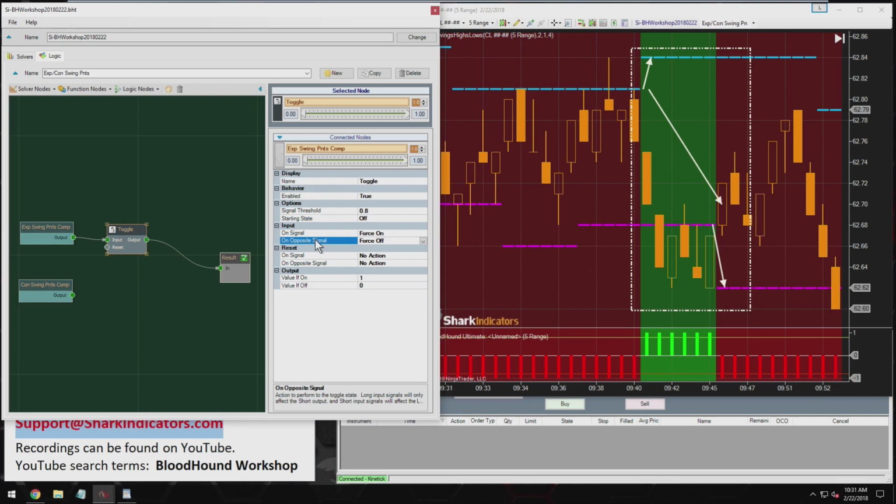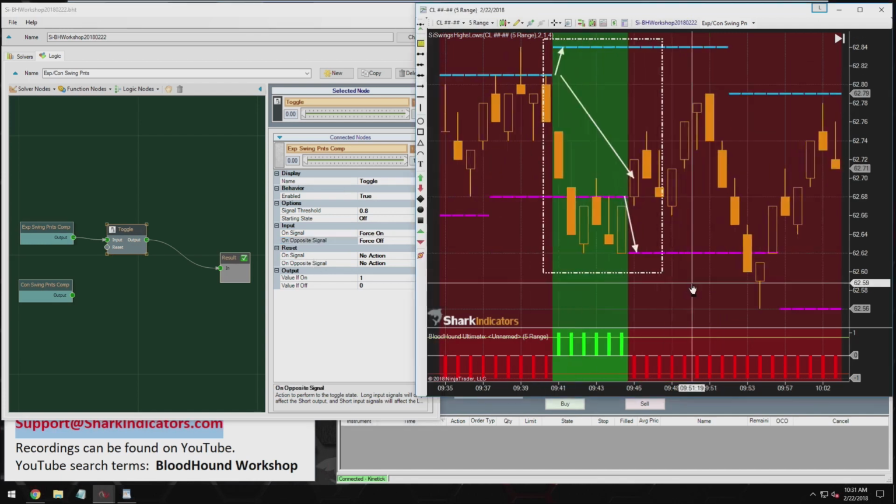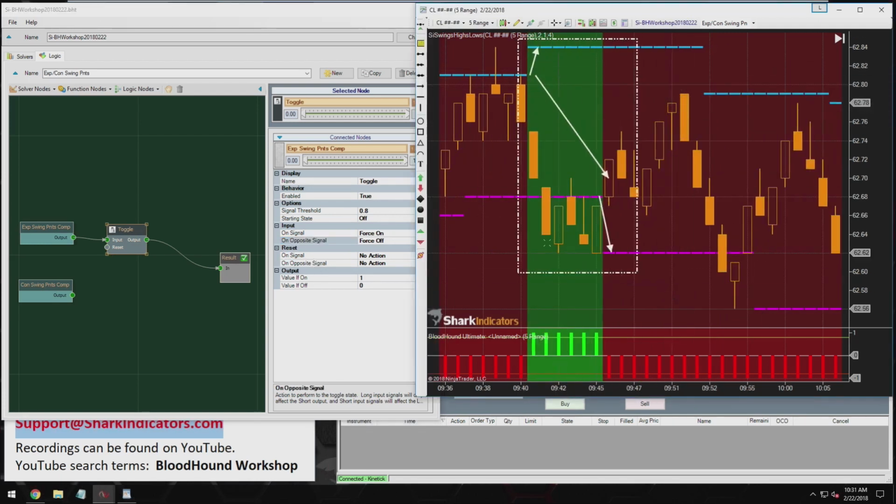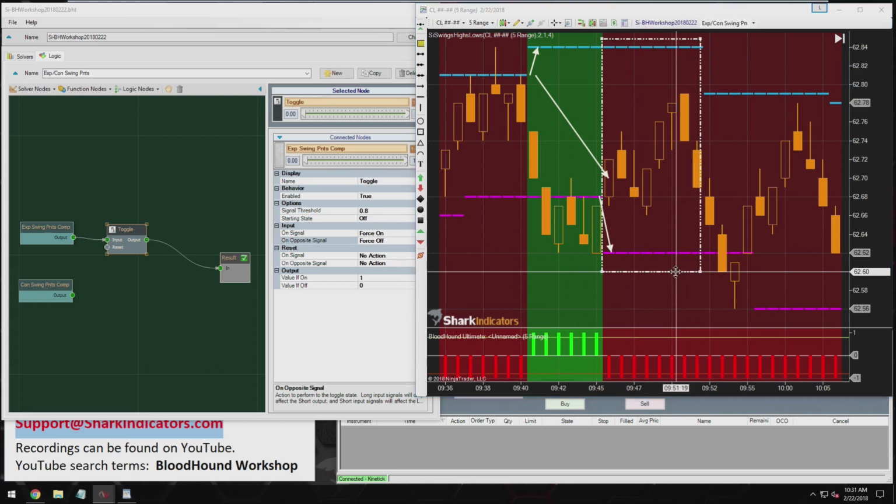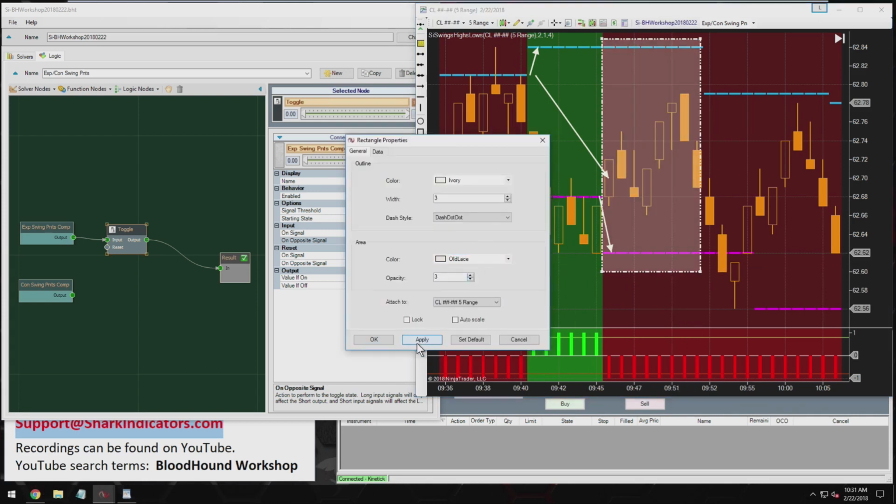Now we need to fiddle around with the settings for the toggle node. Let's take a look at our chart. Let me actually change this.